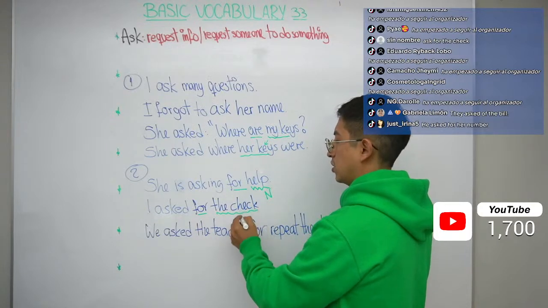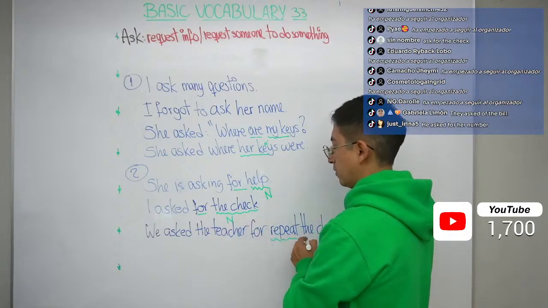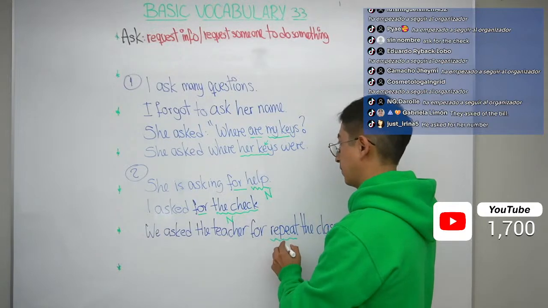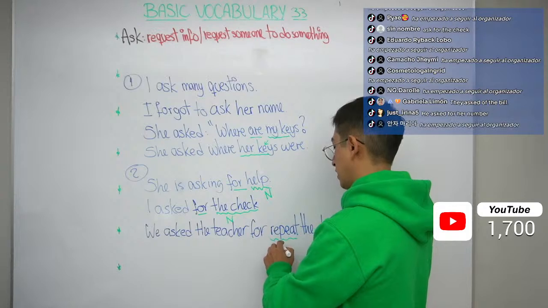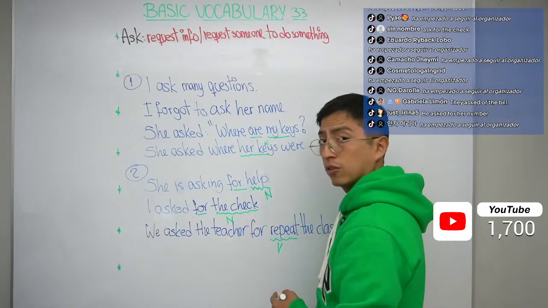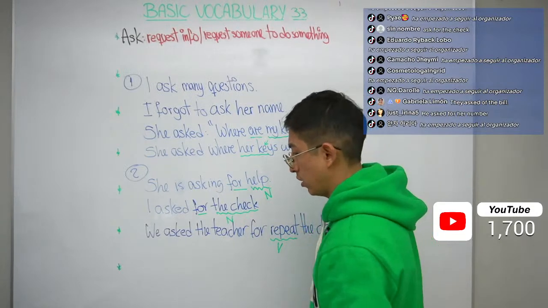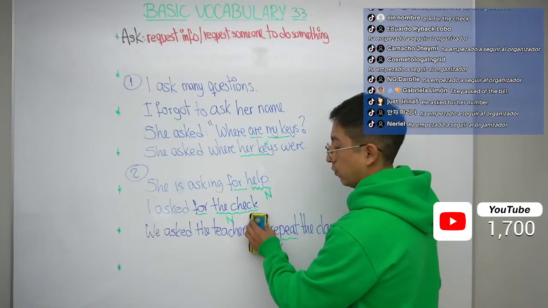In this case, the check is a noun. Now, guys, is "repeat" a noun? What do you think? In this case, no. We are using a verb. So, one more time, when we use verbs, what is the correct form? We don't use "for" here.